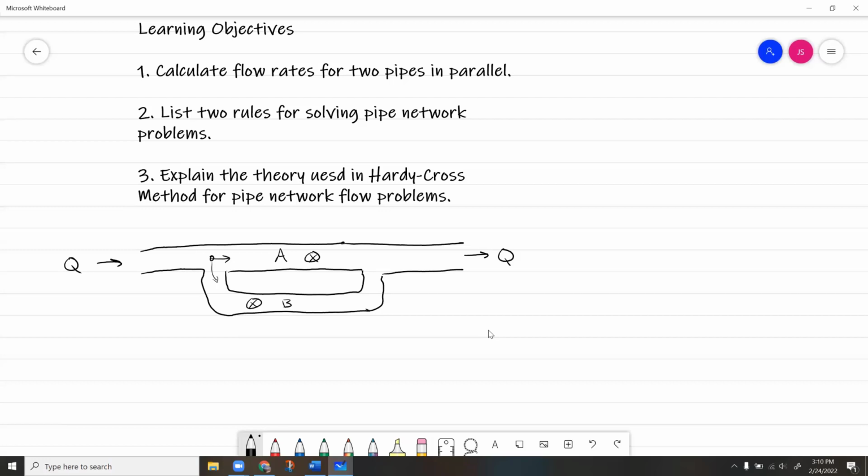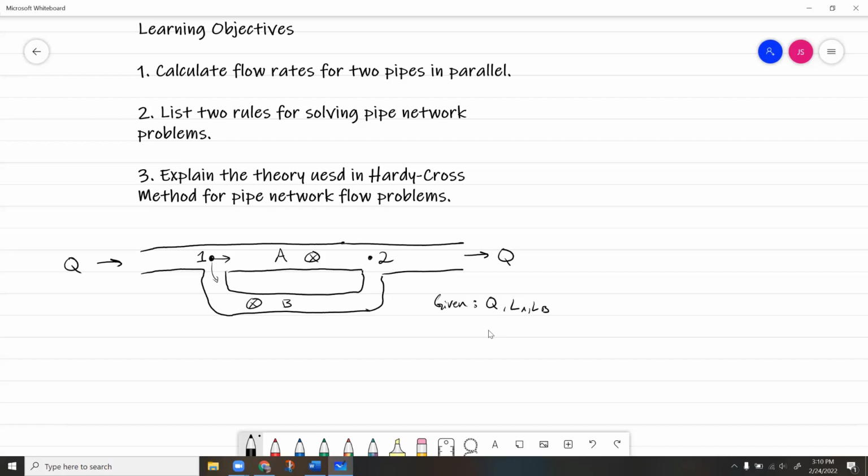And then what we're going to do is evaluate the energy equation between these two points, point 1 and point 2. So, and we're just going to go over this conceptually, assume we are given the following things. We're going to be given the flow rate coming in, the big flow rate. We're going to be given the different lengths, LA, LB.